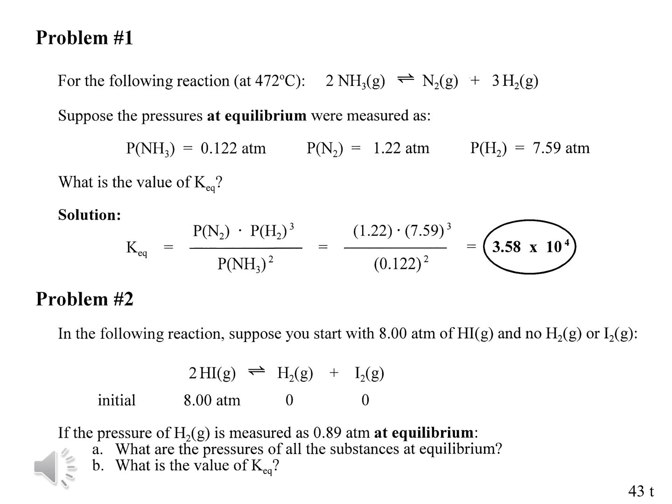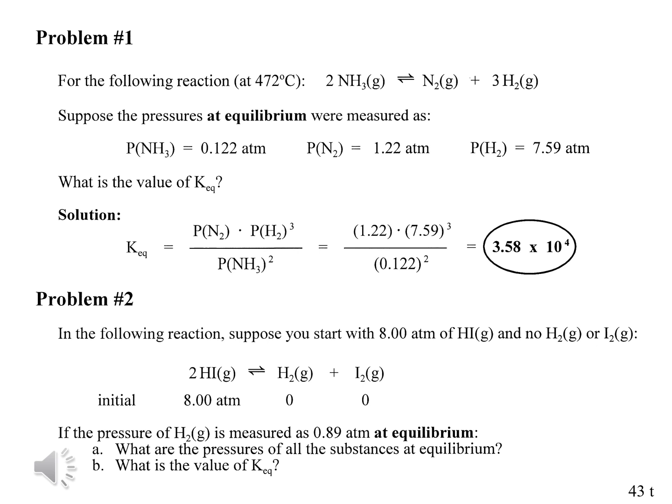So I gave you a reaction down below where we're starting with 8 ATM of the reactant and none of the products. When I give a problem like this, I'll usually give you that initial row because people sometimes have a hard time translating the words into what is actually there in the problem.